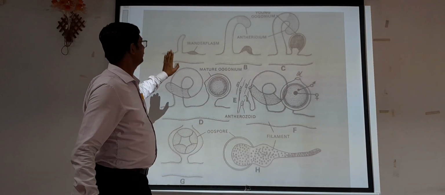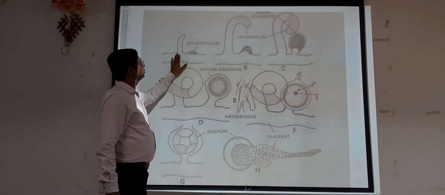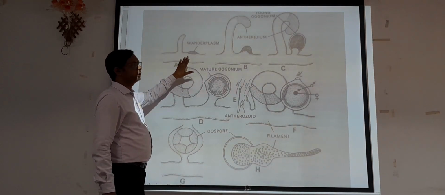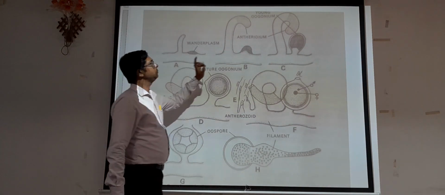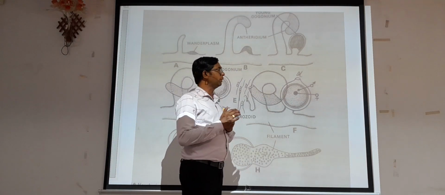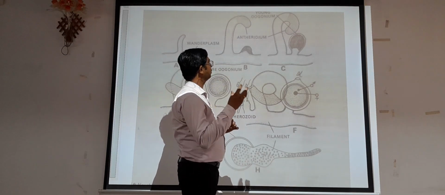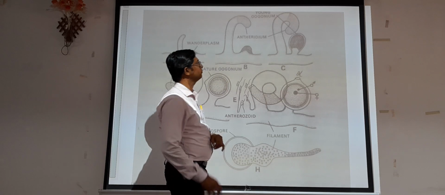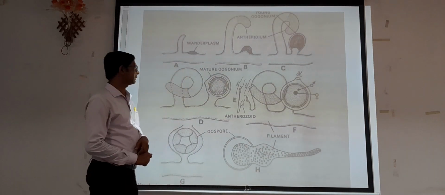Here again I am going to repeat this. So at the time of maturity, these antheridium and oogonium are produced. Antheridium is a hook-like structure, whereas the oogonium is a bulge of cells. Later on it will develop into a globose structure, and the antheridium will convert into a hook-like structure.